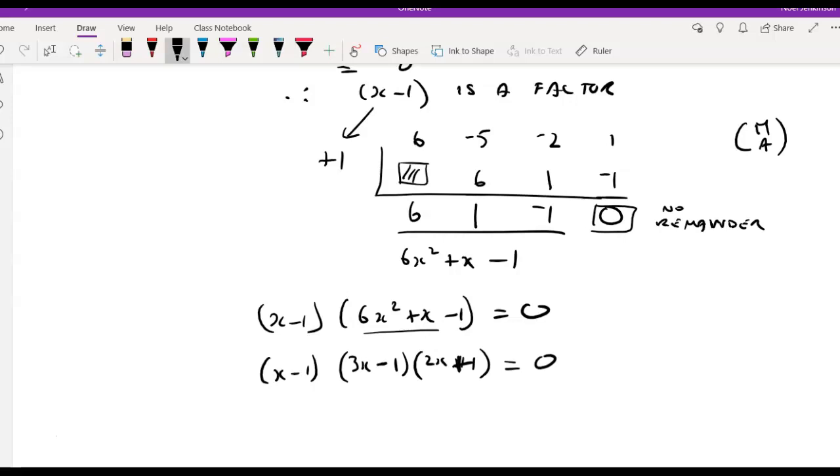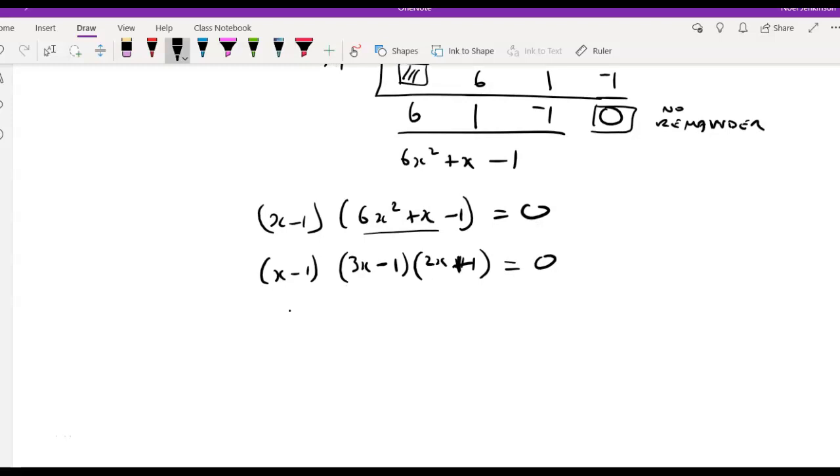I'll just check that. 6x squared minus 2x plus 3x is the plus x in the middle, the minus 1 at the end. Therefore, looking at those three brackets, I've got a plus 1 from the first, I've got a plus a third from the second, I've got a minus a half from the third. Probably write the solutions like this. Minus a half, plus a third, plus 1.